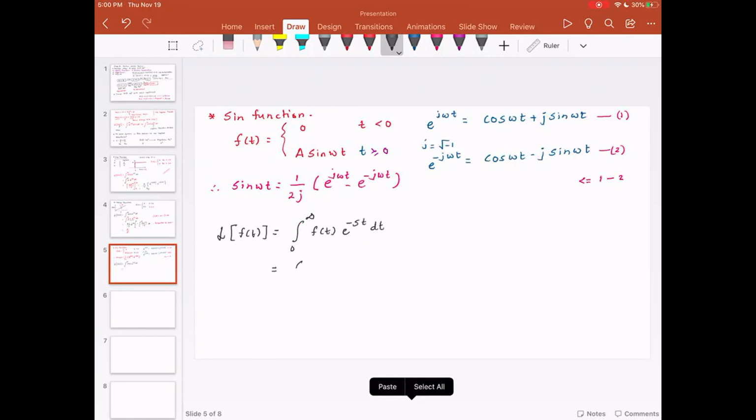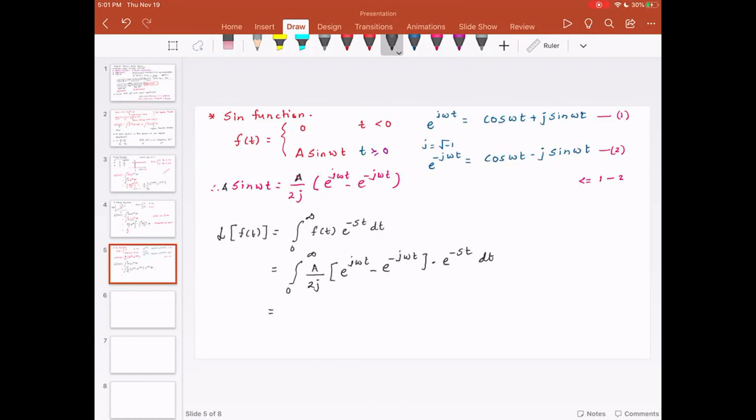So I'm going to go from 0 to infinity, and I multiply by a here. This becomes a divided by 2j, e to the j omega t minus e to the minus j omega t, multiplied by e to the minus st dt.